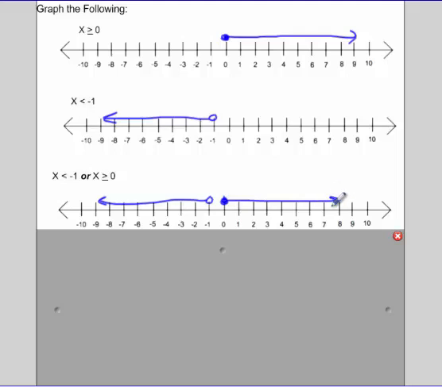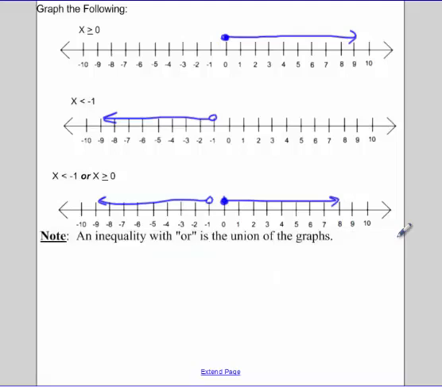Notice the two arrows are going in opposite directions. Note an inequality with or is the union of the graphs, both graphs combined. Most of the graphs we are going to have with or inequalities will have the arrows going in opposite directions, but keep in mind that is not always the case.